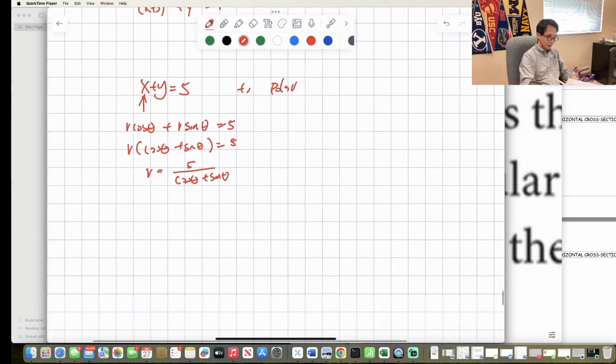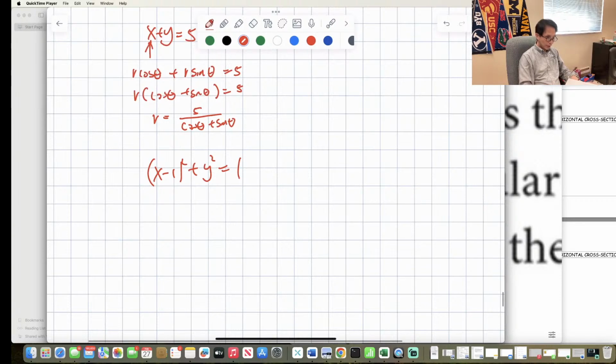I'm going to do one last one really quickly. x minus 1 squared plus y squared equal to 1. What do I convert x equal to? r cosine theta, right? Minus 1 squared plus, what's y? r sine theta, good, is equal to 1. Can I distribute it?